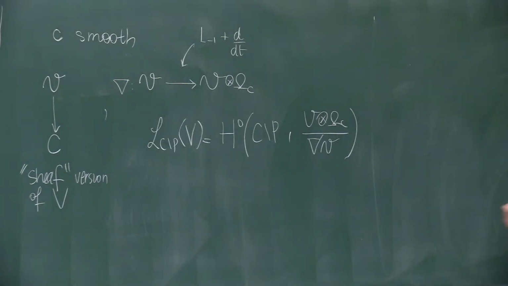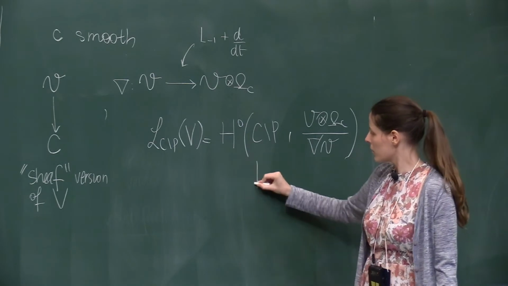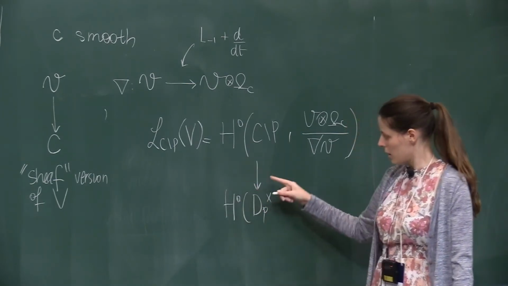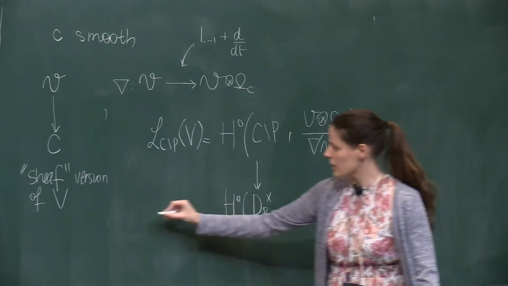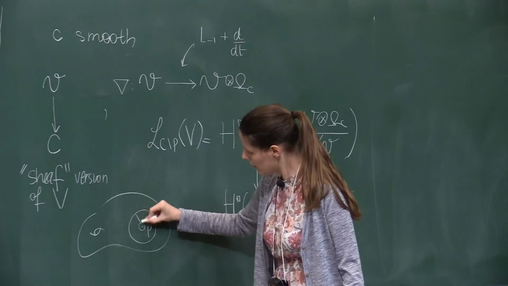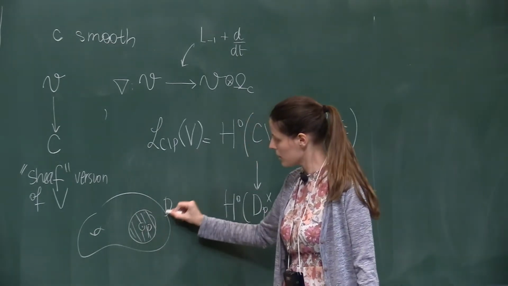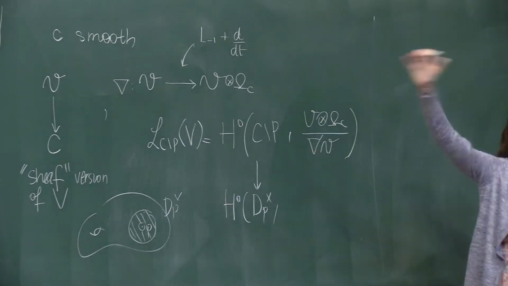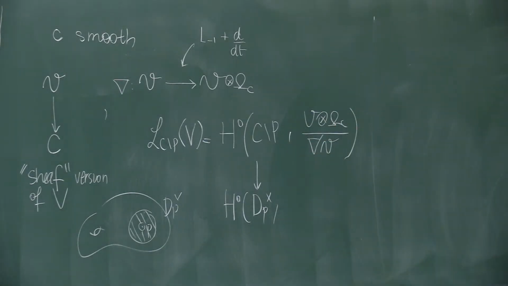It turns out that this naturally maps onto the sections on the disk around the point P minus the point itself. So if I have a section on the curve minus the point, I can further restrict it to a section on the punctured disk.